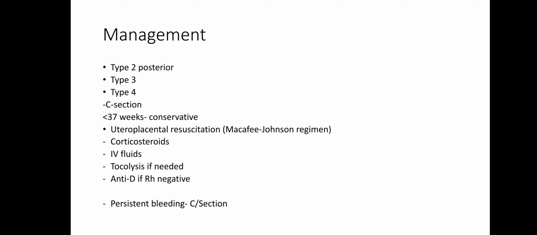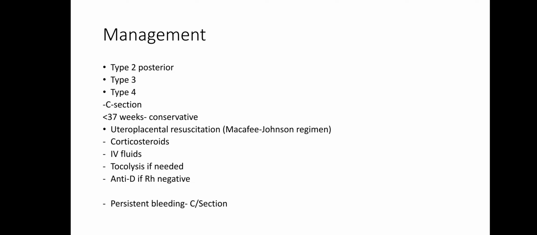Uteroplacental resuscitation means that you just give fluids, trying to make sure that the placenta is getting enough blood, the fetus is getting enough blood, and usually with IV fluids running for 1 or 2 days, the bleeding will calm down and you have a chance to progress the pregnancy into term, at least after 37 weeks.